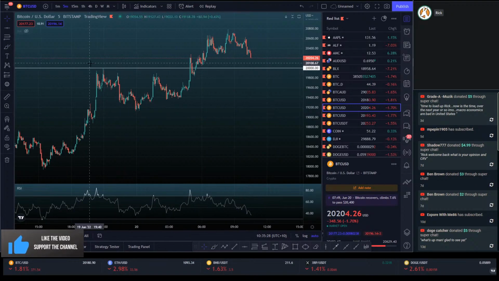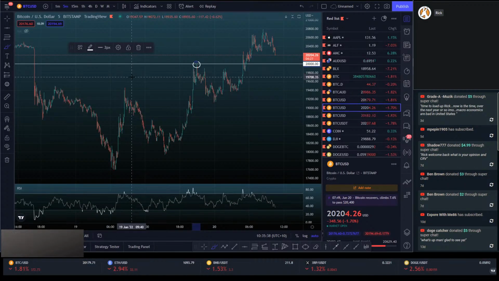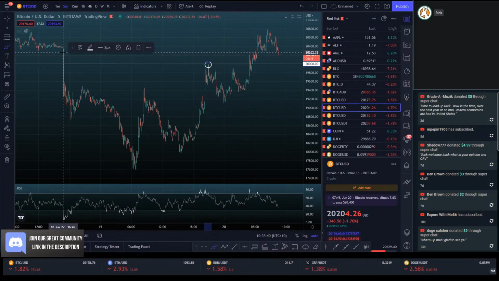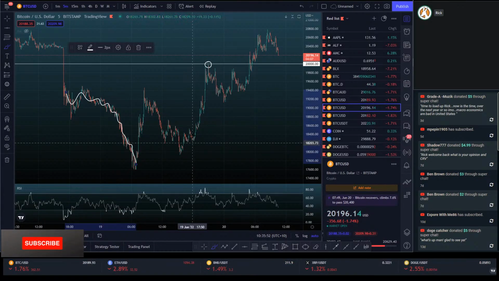Will we maintain the 20k psychological level? We got rejected by it just here. But that fall below 20 was so severe. It all happened within 5 minutes. Just a huge sell-off. And then it proceeded with a really nasty downtrend.